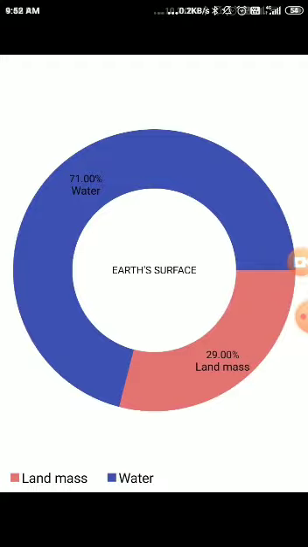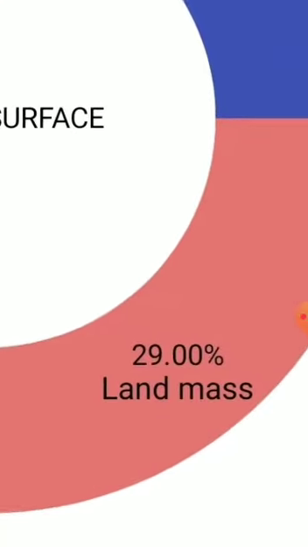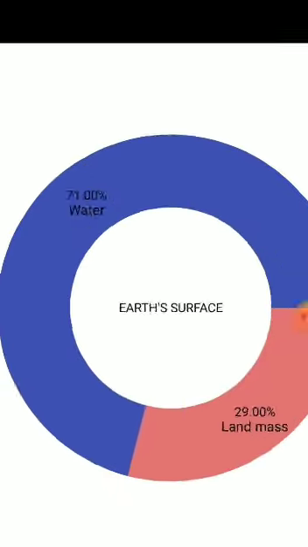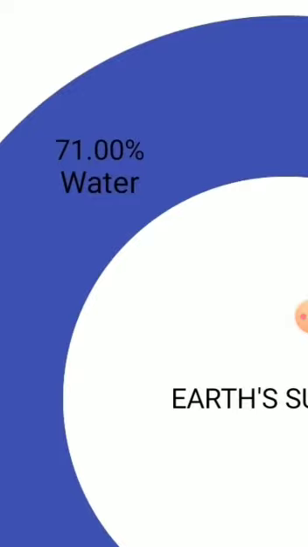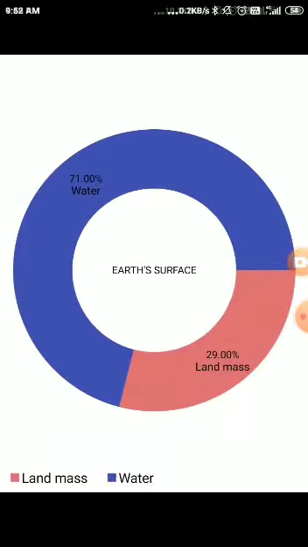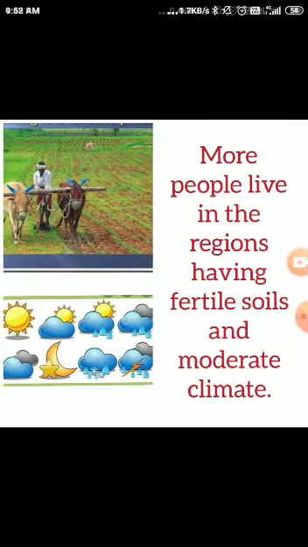Dear students, you might know that land masses form only about 29% of the Earth's surface. Rest is water bodies. And in this 29% of land, all areas are not equally suitable for human habitation or economic activities.